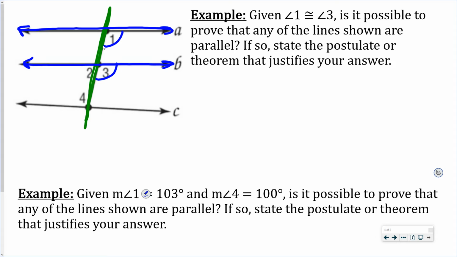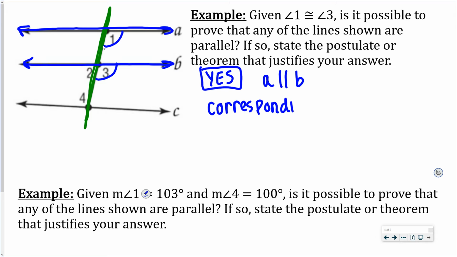So if they're congruent, the corresponding angle converse lets us say, then yes, if you know those are congruent, line A would be parallel to line B, corresponding angle converse. You don't have to write out postulate.